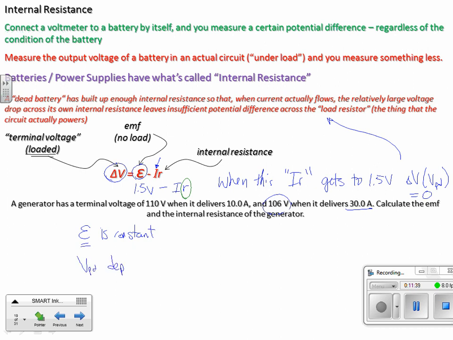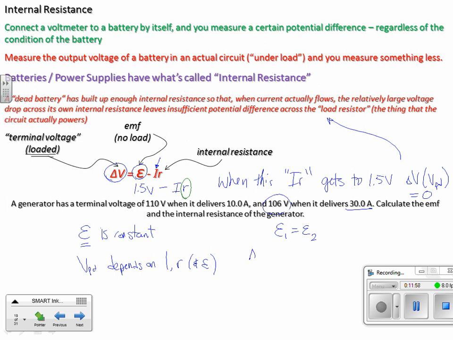VPD depends on I and R. Well, and E. So I'm going to say that E1 is equal to E2. Right? E is the same no matter what. So there's two different EMFs.